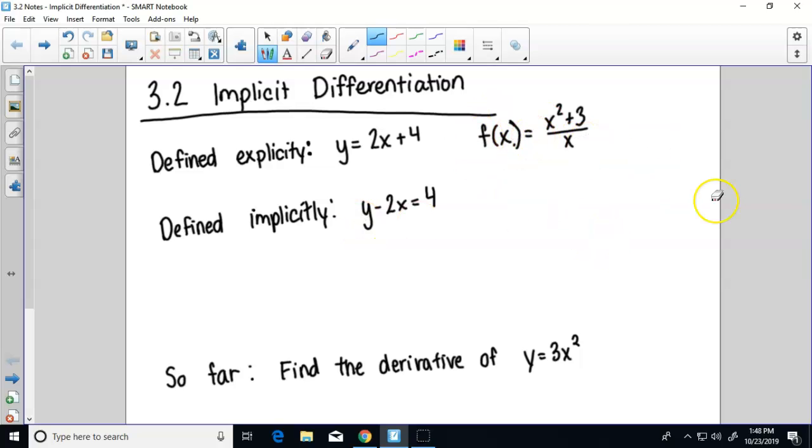For one like this, you might have something like xy minus 3 equals x squared. These two equations are actually the same thing, but they look much different in the way that they're defined.